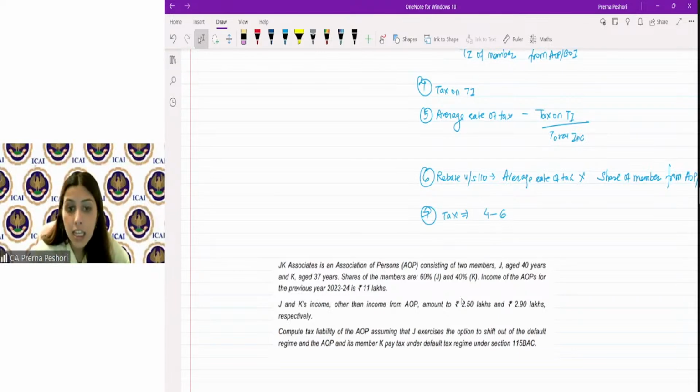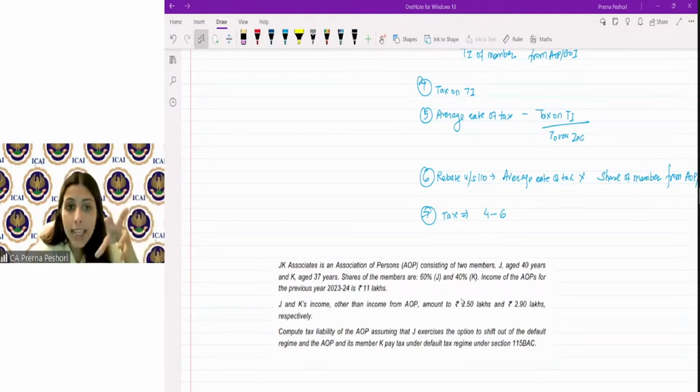And for K, what is the basic exemption limit? Yes, it is 3 lakh, right? So none of the members have income exceeding the basic exemption limit, excluding the income from the AOP.